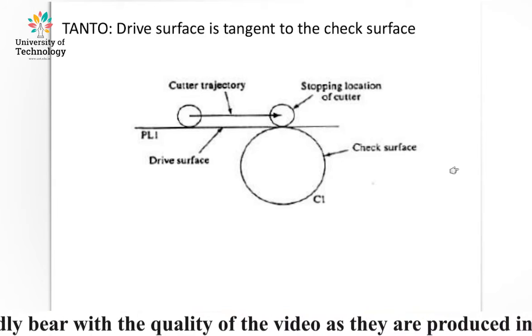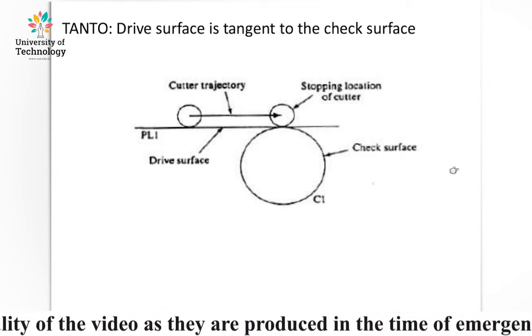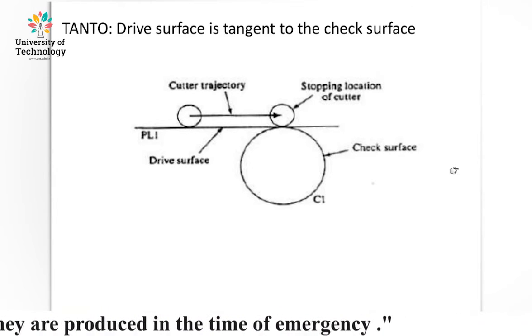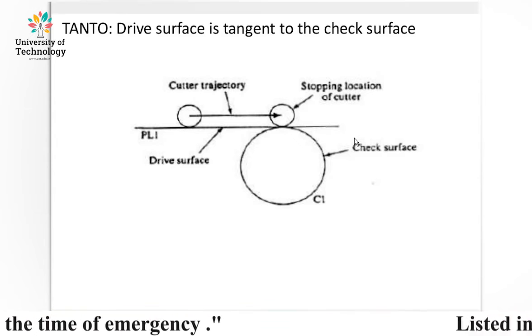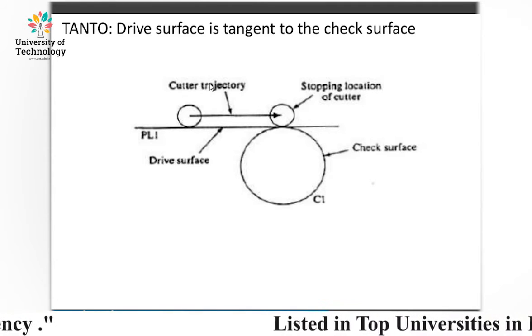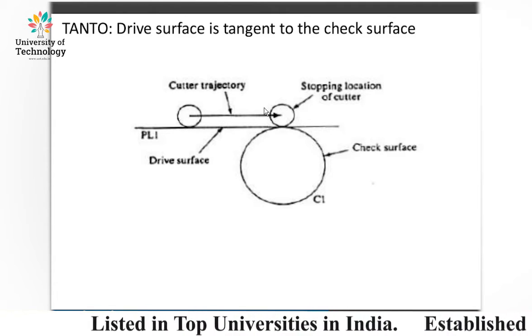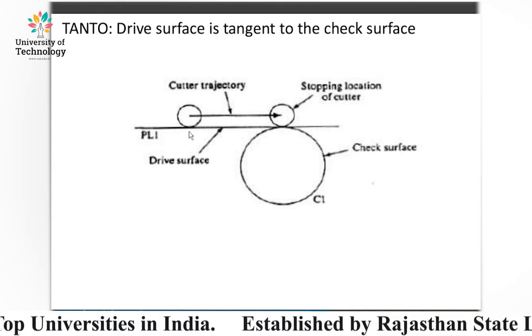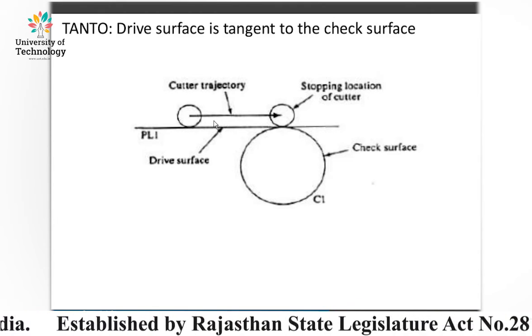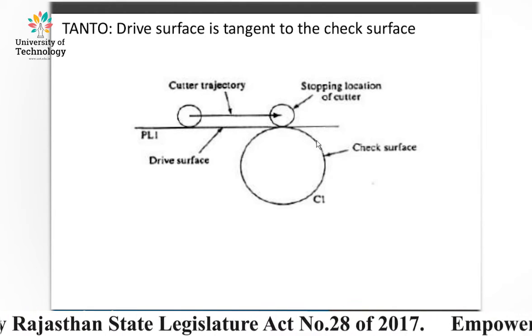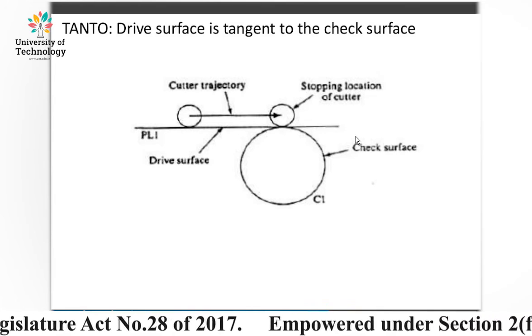Tan to: the drive surface is tangent to the check surface. We can see here, for example, the cutter trajectory, the tool path, and the plane L1, that is the drive surface, and that is a circle, the check surface.